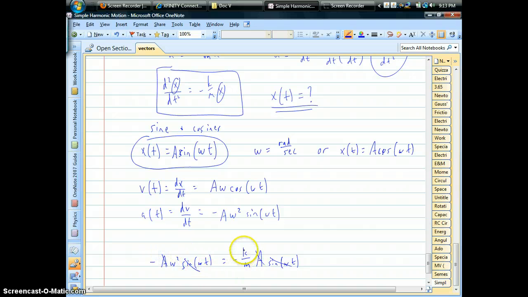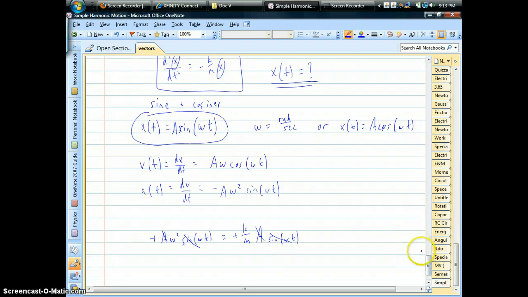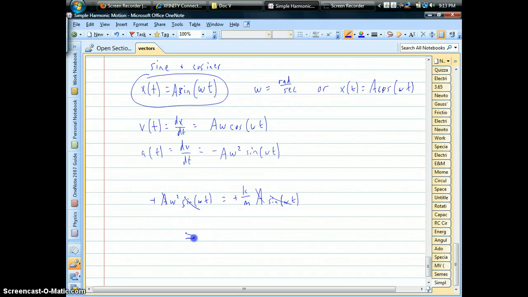The sine drops out, the minus signs go away, and what this tells us is the solution works if omega squared is the spring constant divided by mass, or omega is simply the square root of the spring constant divided by mass.